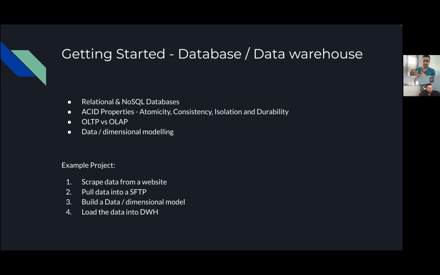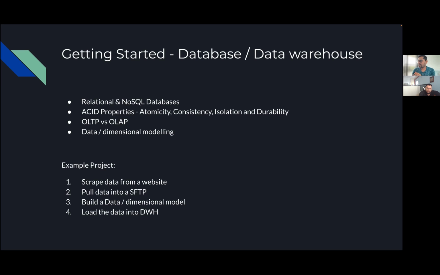Because all the data in a relational database is transactional, each transaction is only valid when it completes. So if you learn about ACID properties, that talks about all these transactions, how the life cycle of a transaction starts and ends. And knowing about those will help you optimize your data pipelines.